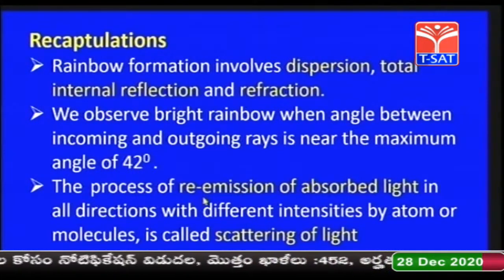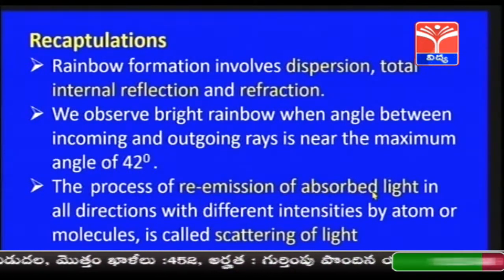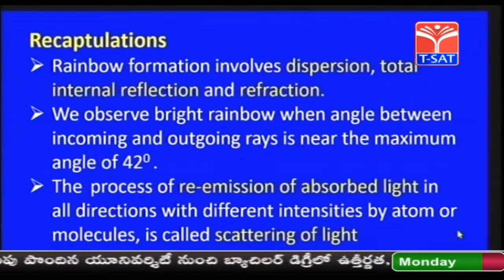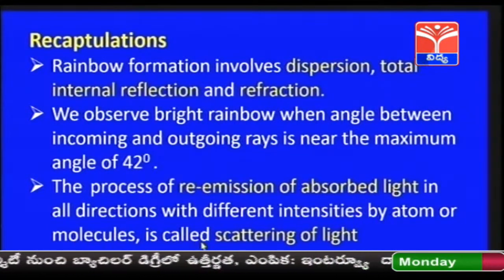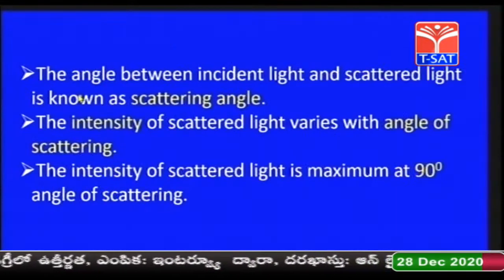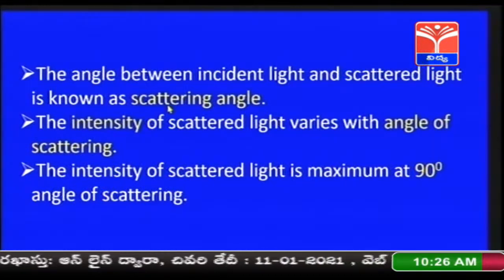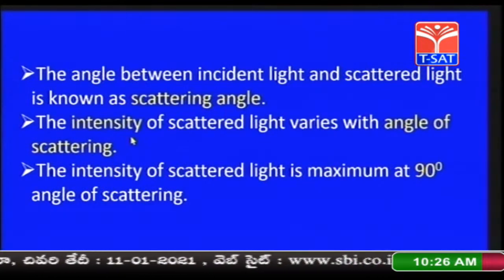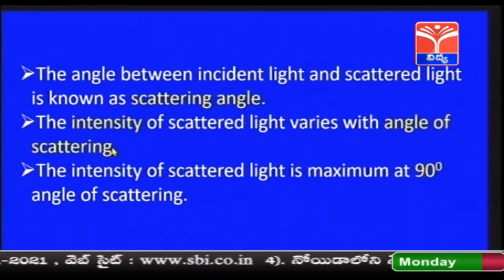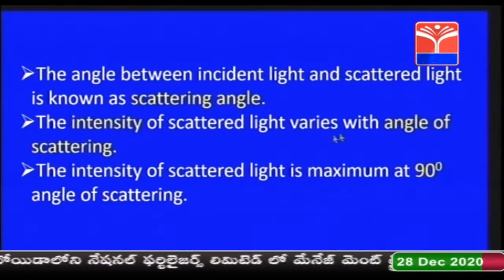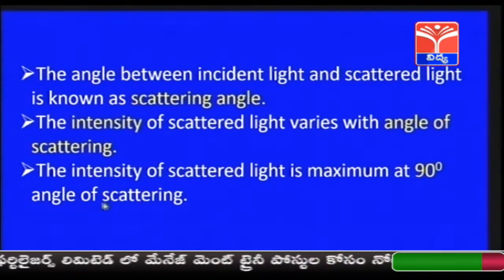The process of re-emission of observable light in all directions with different intensities by atoms or molecules is called scattering of light. The angle between incident light and scattered light is known as the scattering angle. The intensity of scattered light varies with the angle of scattering. The intensity of scattered light is maximum at a 90 degree angle of scattering.